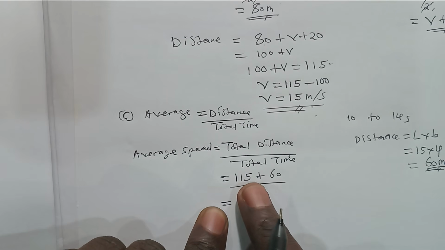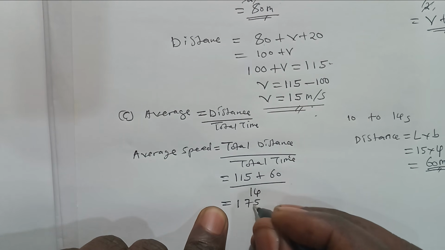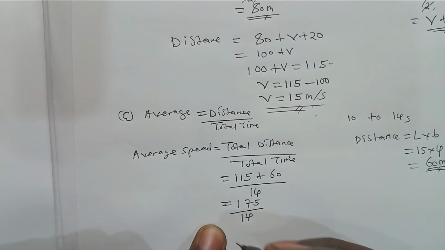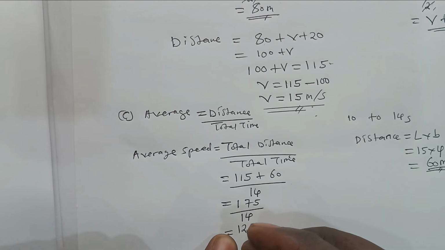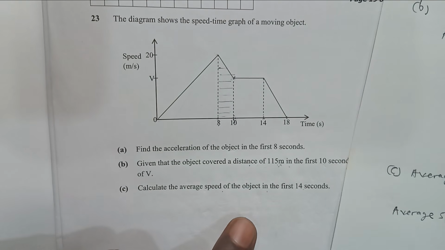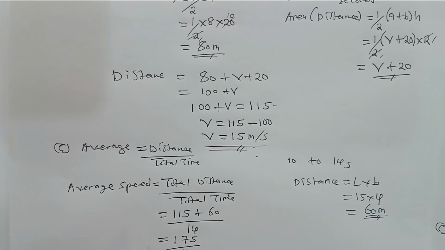So 115 plus 60 will give us 175 over 14. So this, when simplified, is supposed to give us 12.5 meters per second as the average speed up to the 14th second. So this is what we are supposed to do in terms of the calculations.